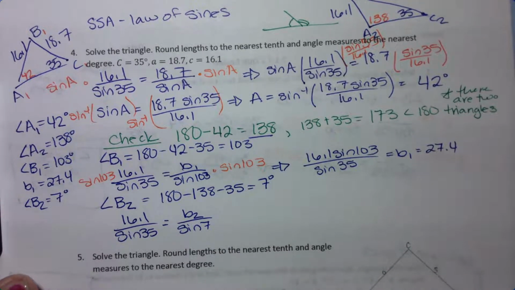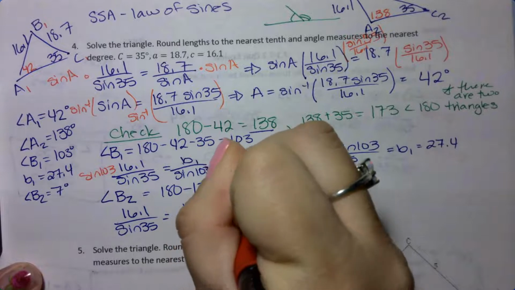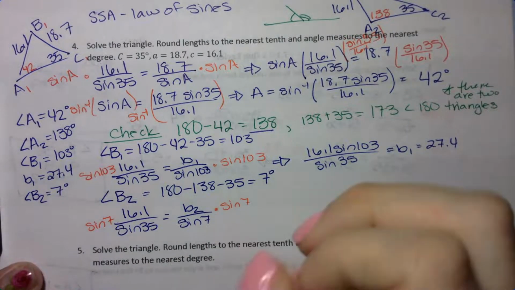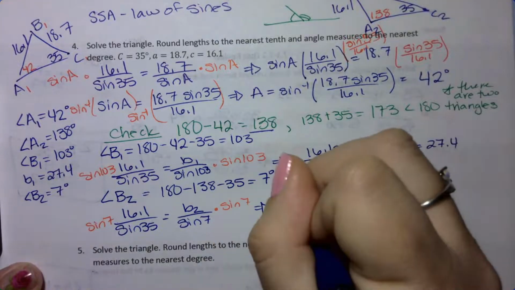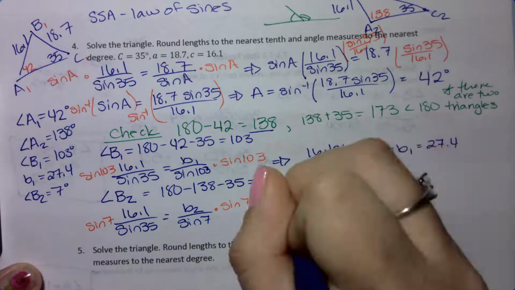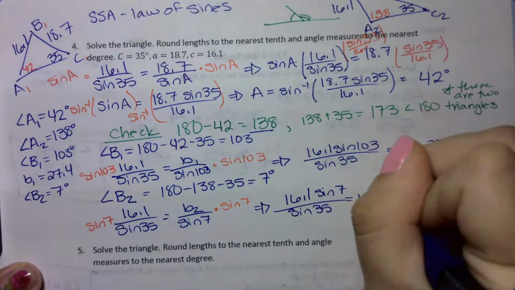So then I want to go ahead and isolate my variable. So I'm going to multiply both sides by sine of 7. Going to rewrite this, and I get 16.1 sine of 7 over sine of 35. Should give me side length B2.